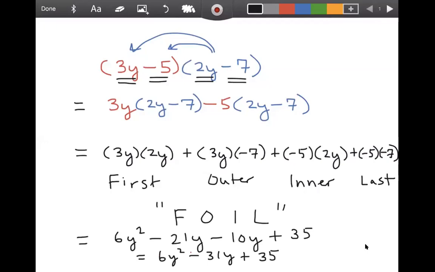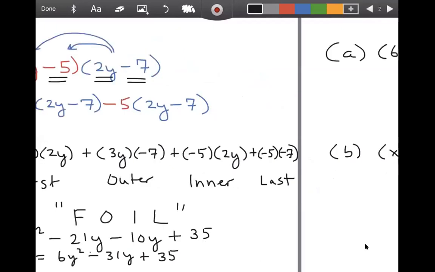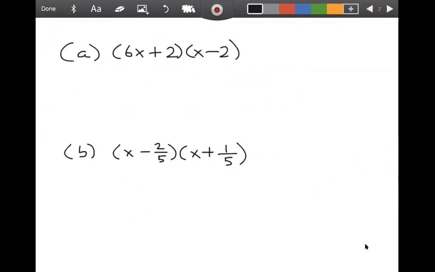All right, so I'll just stay here for the moment and look at the first example. So in these two problems, we're going to multiply using FOIL. So first, outer, inner, last. We have 6x times x, which is 6x squared.